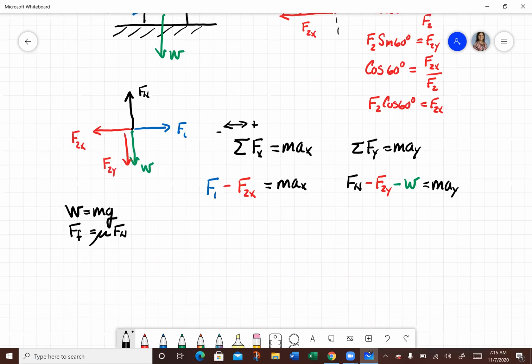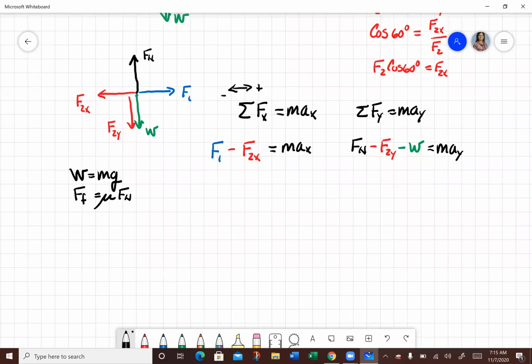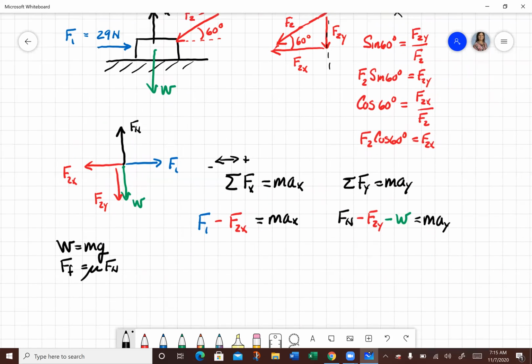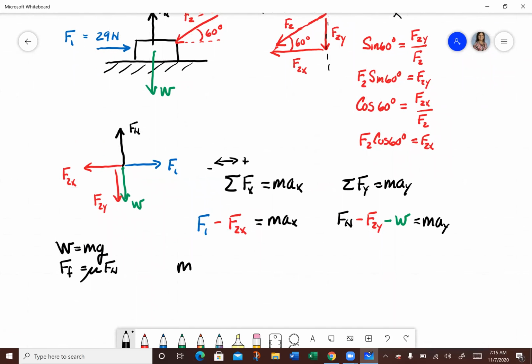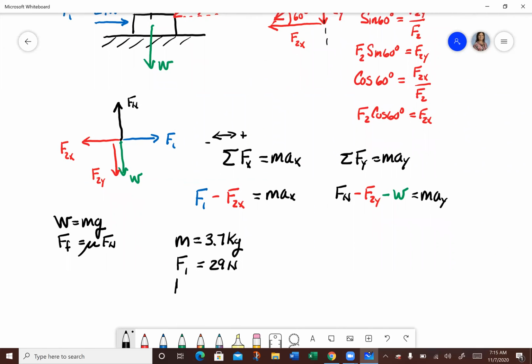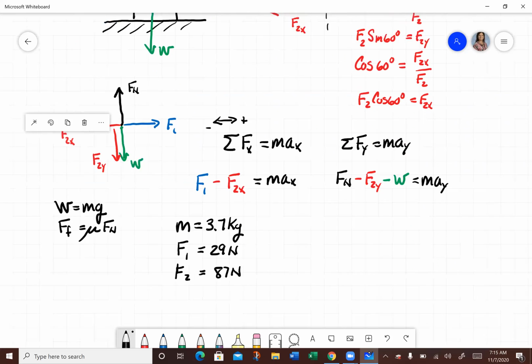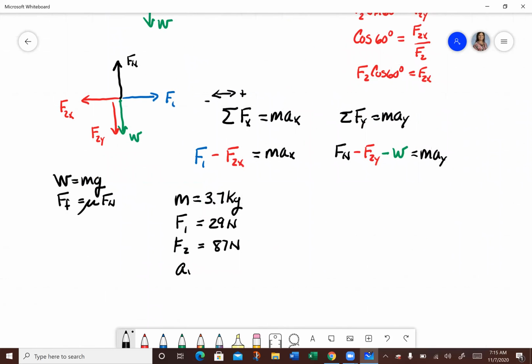So if I list what I know, mass equals 3.7 kilograms. I know F1 is 29 newtons. I know F2 is 87 newtons. I know it's not bouncing up and down, so AY is 0, and I'm looking for AX.